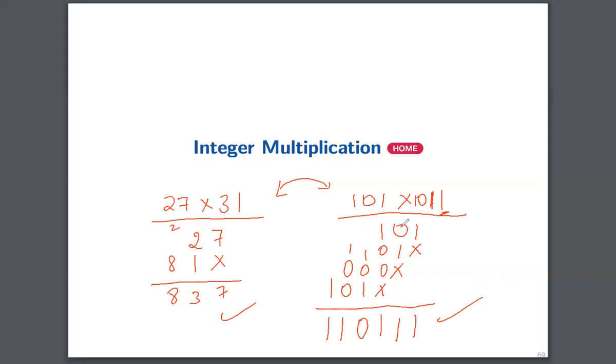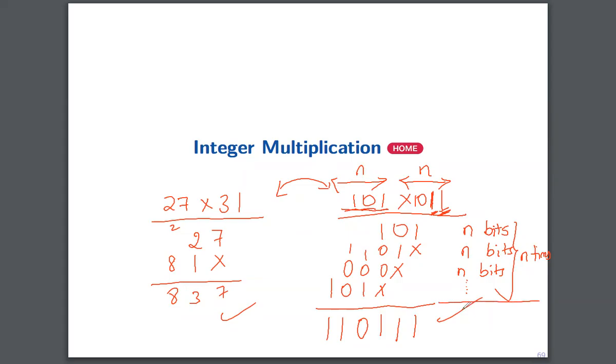If you look at this carefully, if there are n bits here, and n bits here, how much time will it take, right? For every bit here, you need to copy everything, that is n bits. And similarly, for the next bit here, copy everything, n bits, n bits, and so on. Repeat this n times.